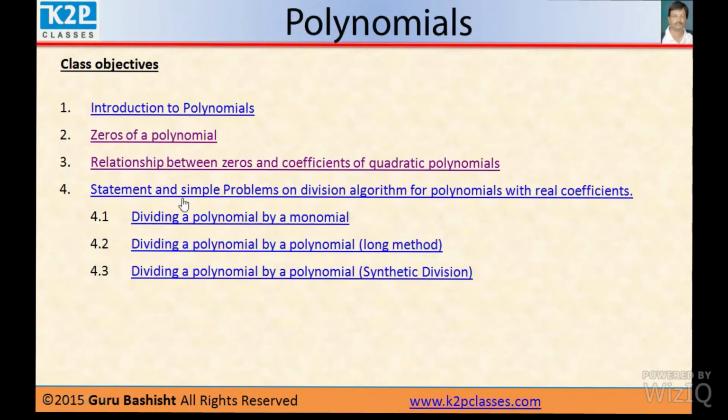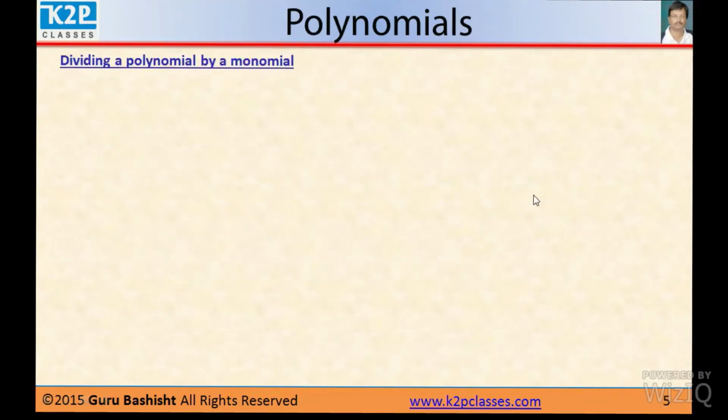Now we will see statement and simple problems on division algorithm for polynomials with real coefficients. So dividing a polynomial by a monomial. 6r square x square by 3rx square minus 9r square x s by 3rs.